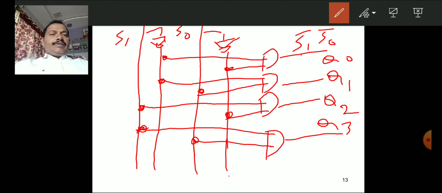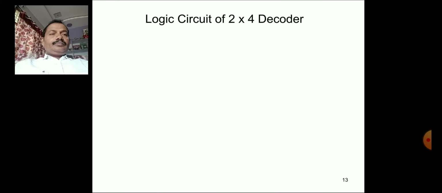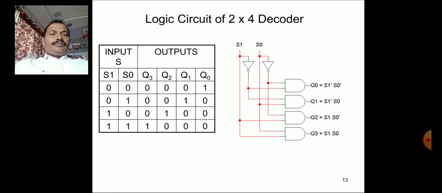Like this, this is the way of implementing the 2 to 4 decoder. That we will see in the diagram. So this is the way of implementing the 2 to 4 decoder.